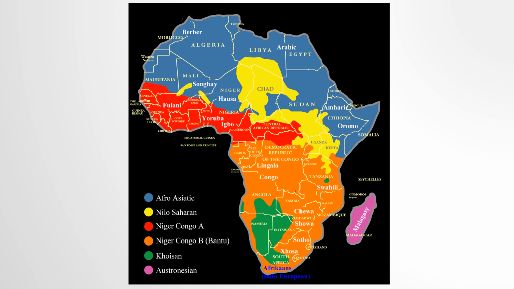And then you have the Khoisan language family, which is actually the African languages with the clicking sounds. The Madagascar language is an Austronesian language, which is coming out of the Polynesian area. So when the Polynesians migrate out, Madagascar is going to obviously be more of an Austronesian rather than an African language.